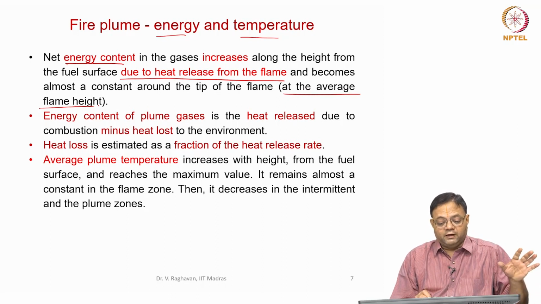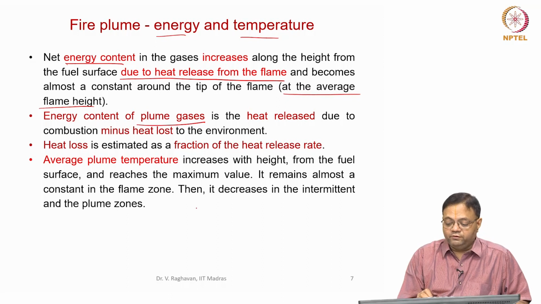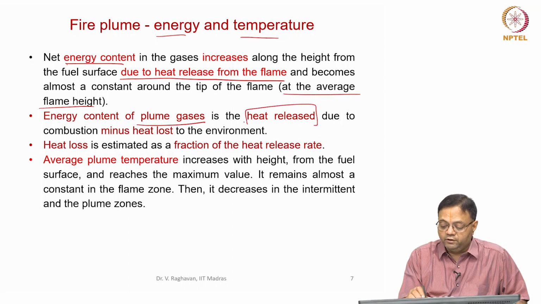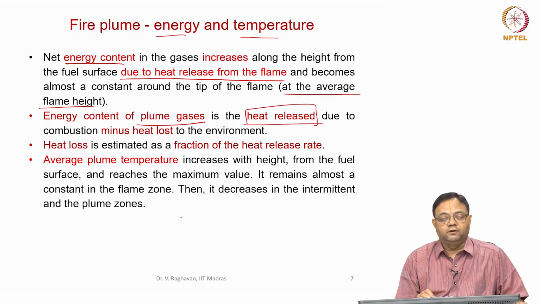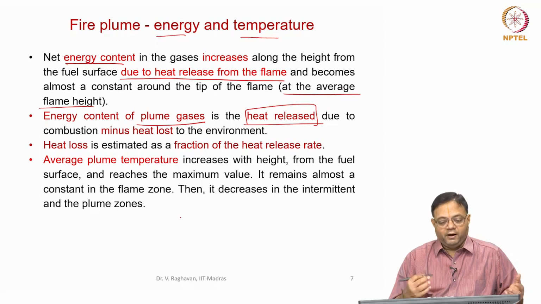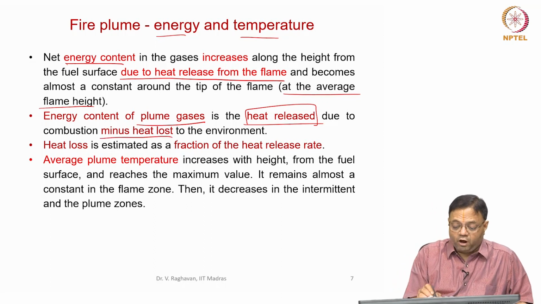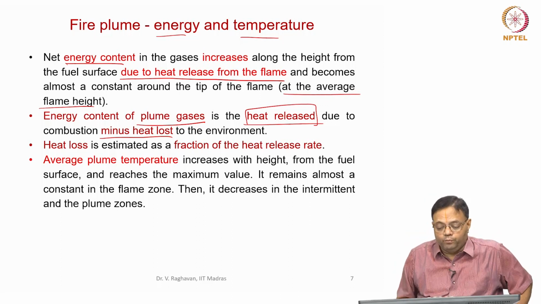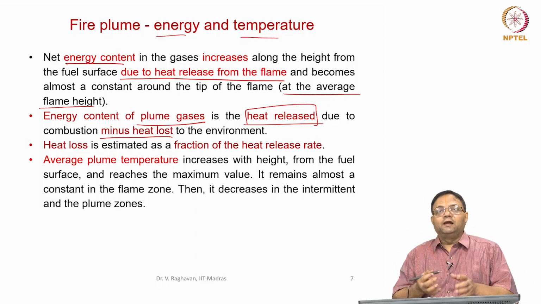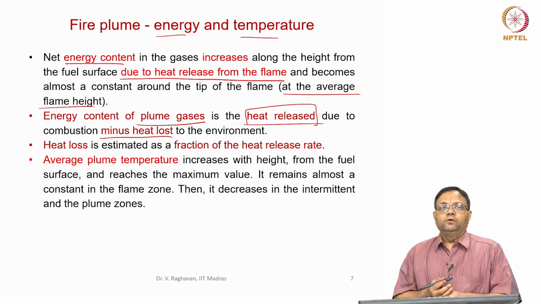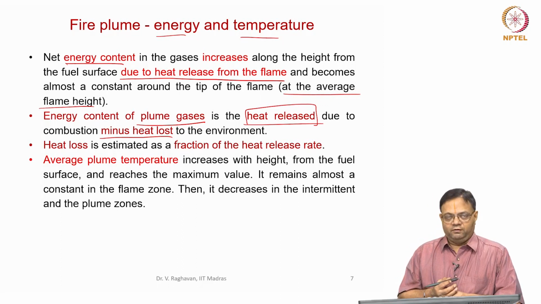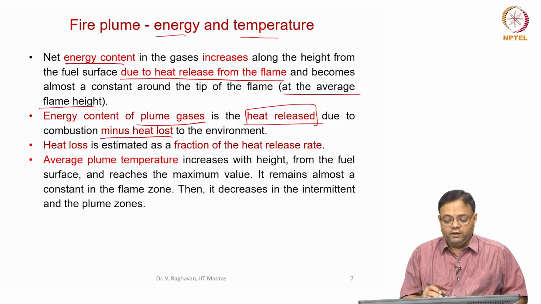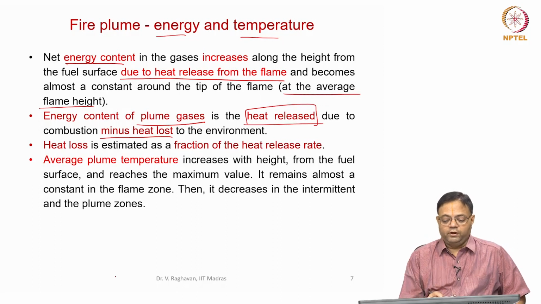So, the energy content of plume gases is the heat released due to the combustion, obviously, minus the heat which is lost to the environment. That means the strength of the plume is majorly dependent on the heat release rate from the fire, and it also depends on the heat loss to the environment.